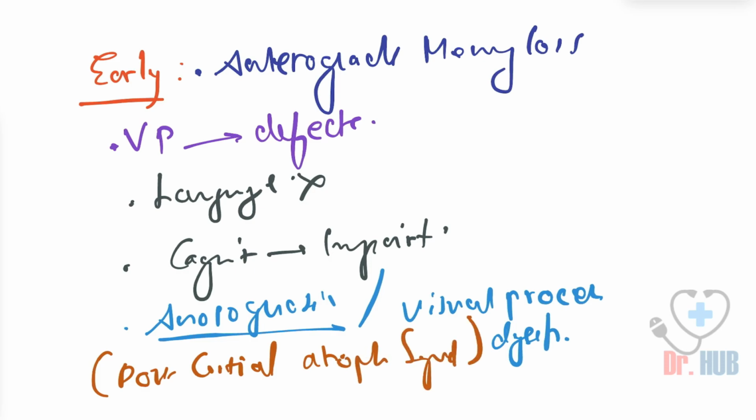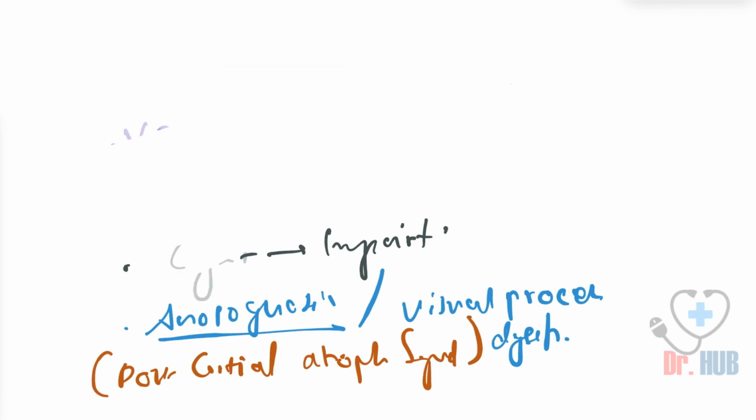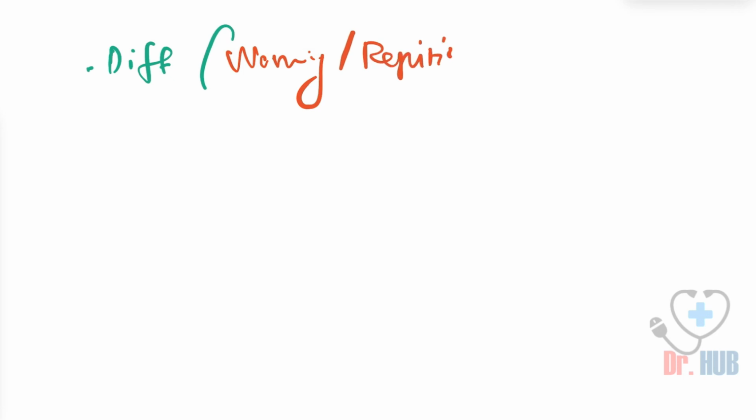Then it also includes difficulty with naming and repetition. So this is known as logopenic aphasia.